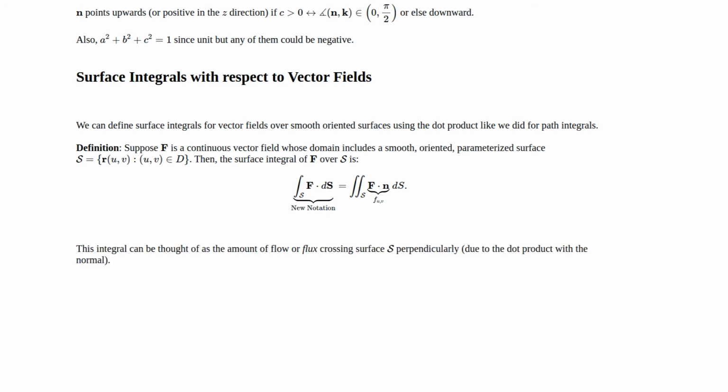This integral can be thought of as the amount of flow or flux crossing the surface perpendicularly. Perpendicularly is due to the fact that we're dotting with this normal. So we would choose the normal in one direction or the other to determine whether we want the flow into, say, a sphere or some type of surface, or out of that surface, or through a surface passing from the left to the right or the right to the left. We choose the normal in that sense to get the answer that we wanted.